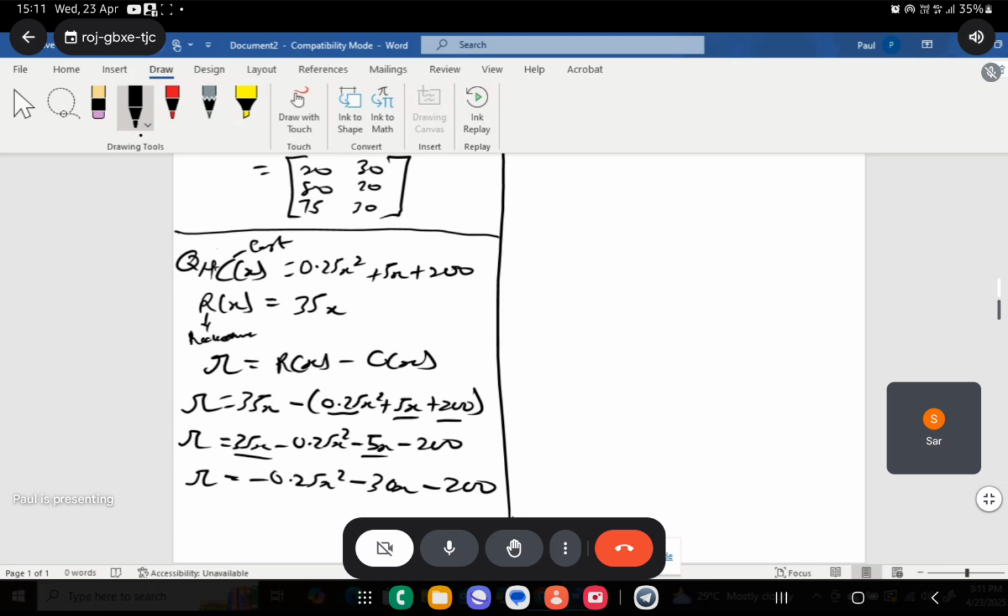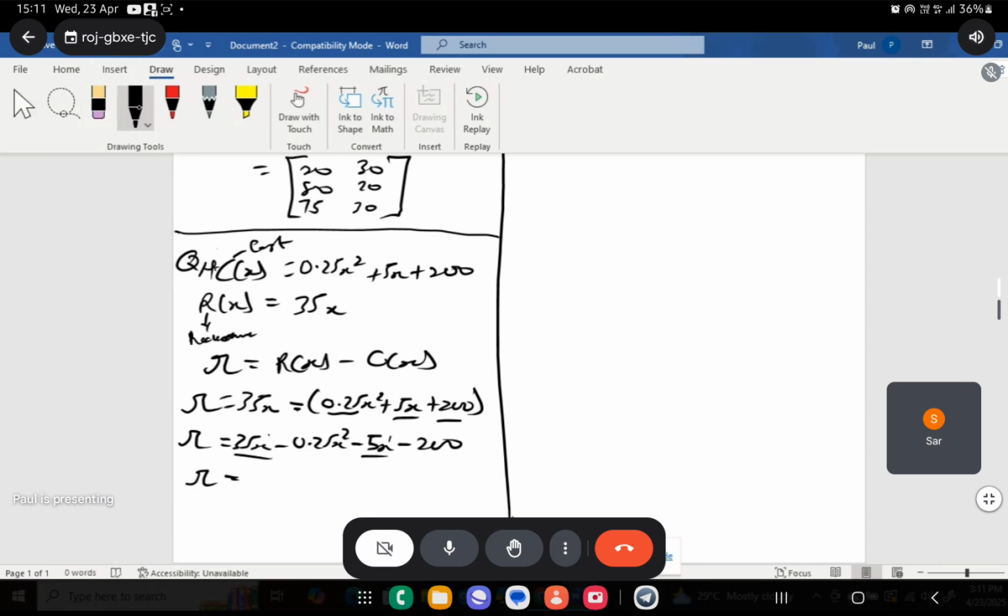Because of the 5x plus 200, this negative here will affect everything in the bracket, so every plus will become minus. Please, do you understand? Good. Now from here, 35x and minus 5x are like terms. They have an exponent of 1, so we can subtract. We subtract the 5x from the 35x, then we get 30.